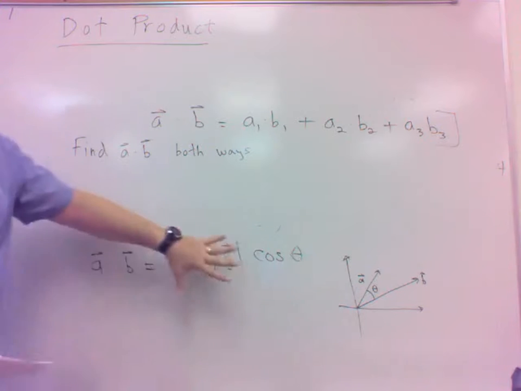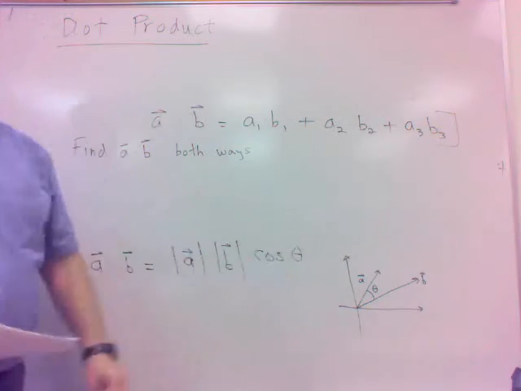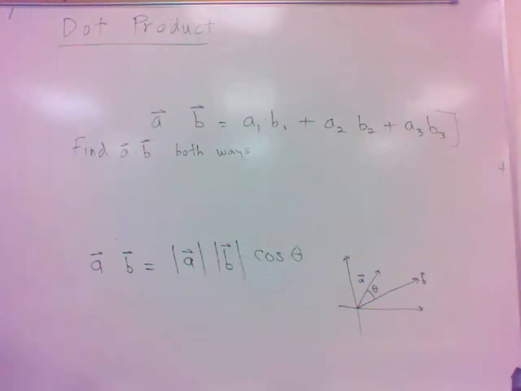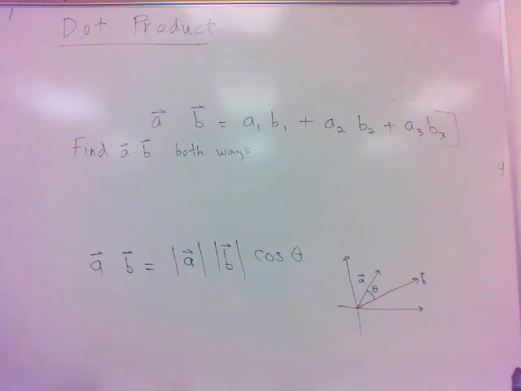Using those properties and the law of cosines, that's where this comes out. With more time I would show you that, but maybe in another place. This will just verify that these two are the same for one particular case, and we can do it for all the others as well.